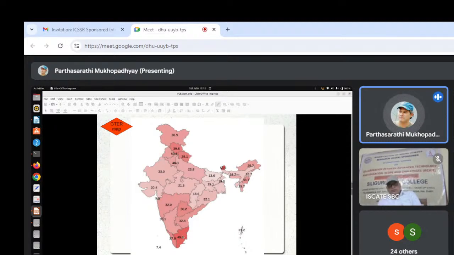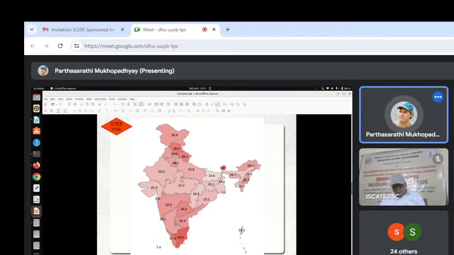Definitely that's a research topic, whether higher GER means higher quality universities and colleges. That requires a lot of research, but apparently it is quite clear, because of the achievement of the universities belonging to the state of Tamil Nadu, that this factor may be playing a very important role.